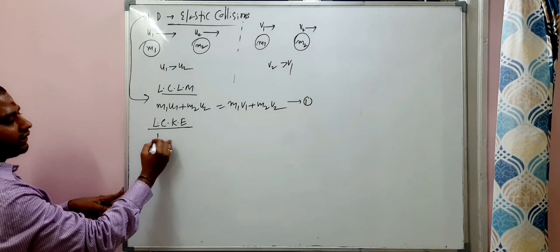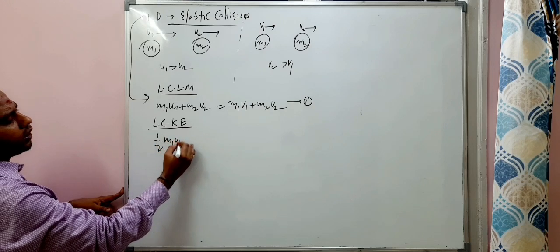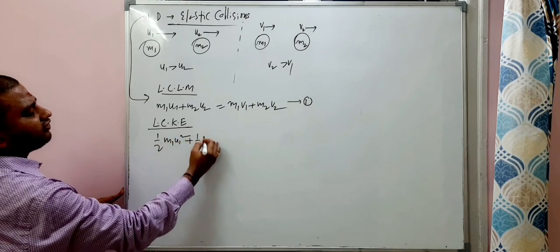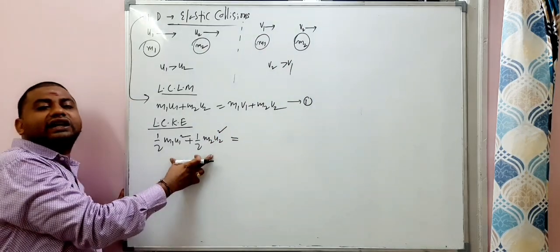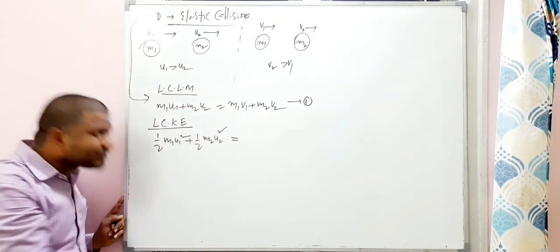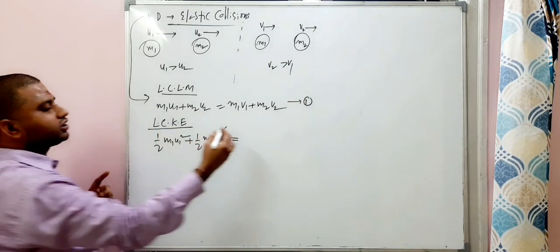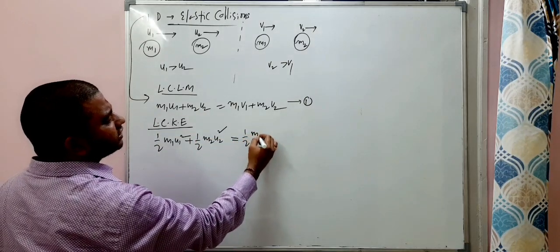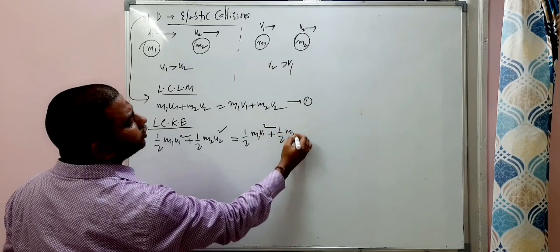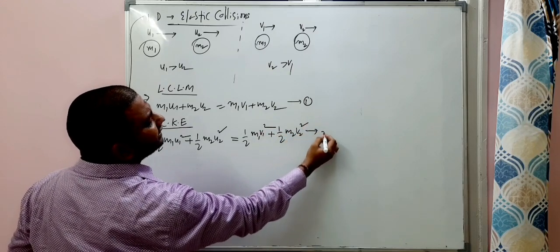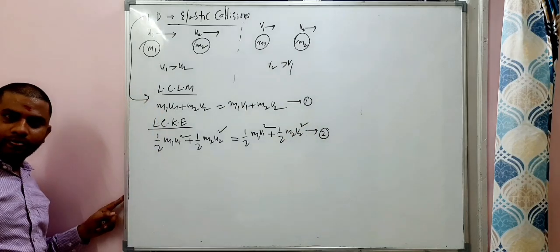In this case, half m1 u1 square plus half m2 u2 square is the initial kinetic energy of the system, which is equal to the kinetic energy after the collision, half m1 v1 square plus half m2 v2 square. It is equation number 2.